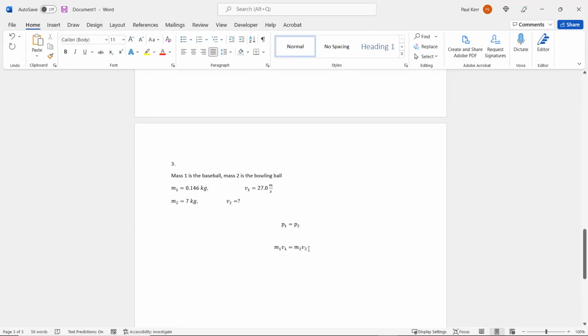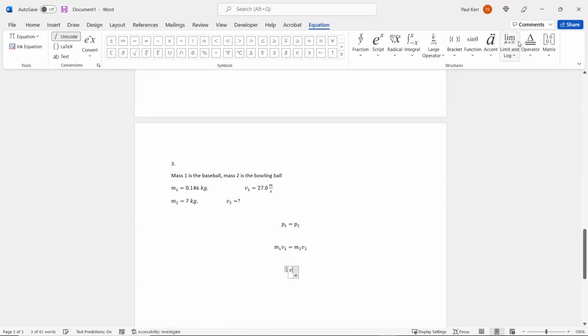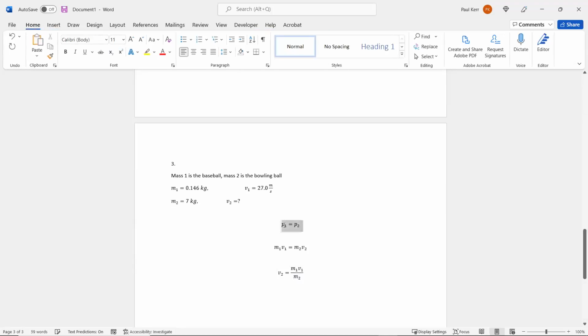So now I solve for V2, right? That's easy. I know you can do that very easily and quickly. And you got that. So it would be M1 V1, and then it looks like you just got to plug it in to your calculator there. This is the key though. That's the hard part, where people would get stuck, is writing that equation down.